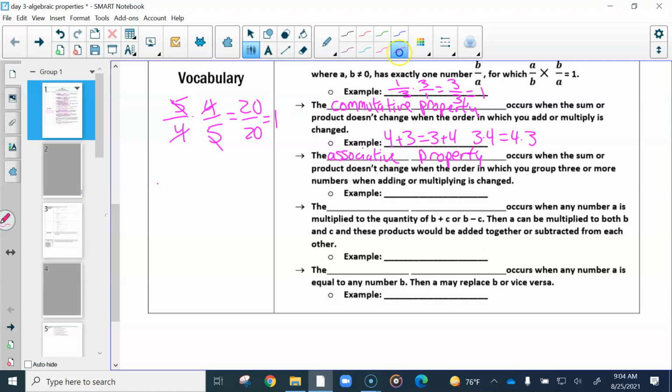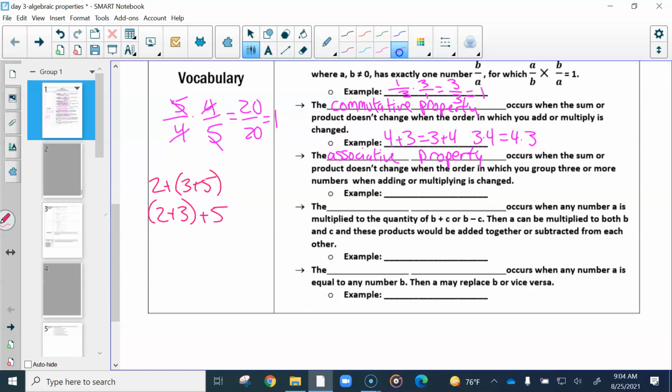So let's actually do 2 plus 3 plus 5, and then I change the grouping to 2 plus 3 plus 5. That is associative property.